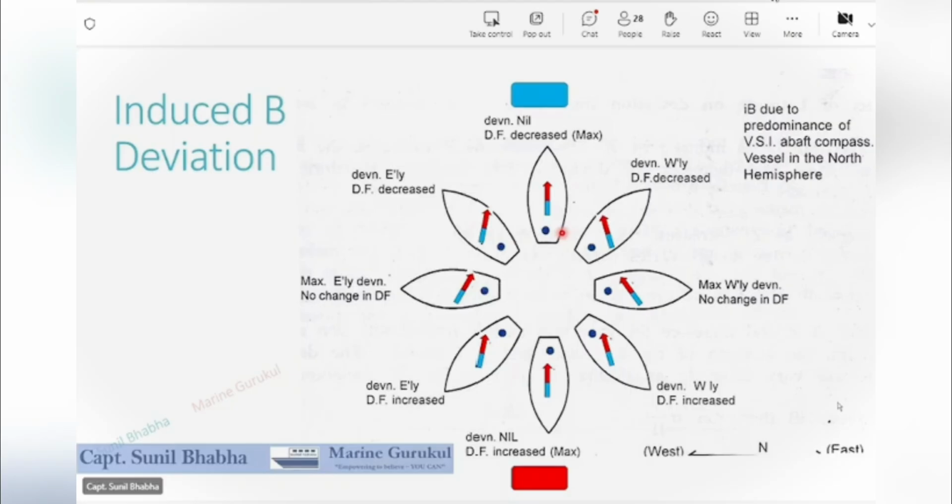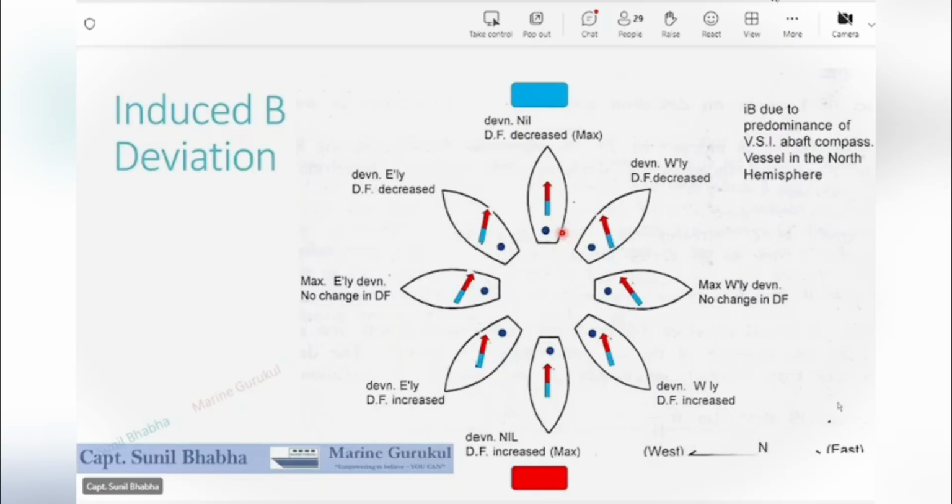And as we just now discussed, out of all the vertical soft iron structures, the funnel is the largest structure. The maximum amount of steel is used in the funnel as compared to the mast or the crane. Also, the funnel has the biggest size among all the vertical soft iron structures on board.